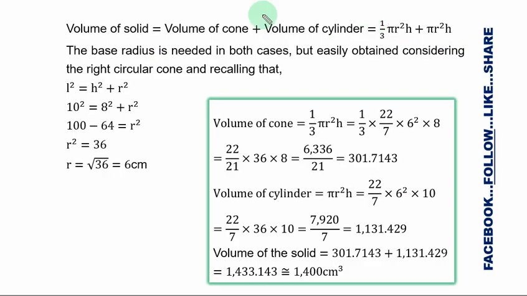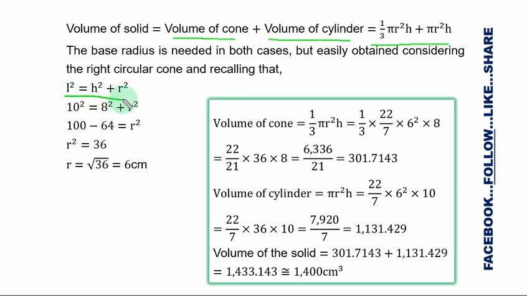The solution continues. Volume of solid, as I said earlier, is volume of cone plus volume of cylinder. You have it in this form. The base radius is needed in both cases, but easily obtained considering the right circular cone, because the slant height, the height and the radius are connected by Pythagoras rule.